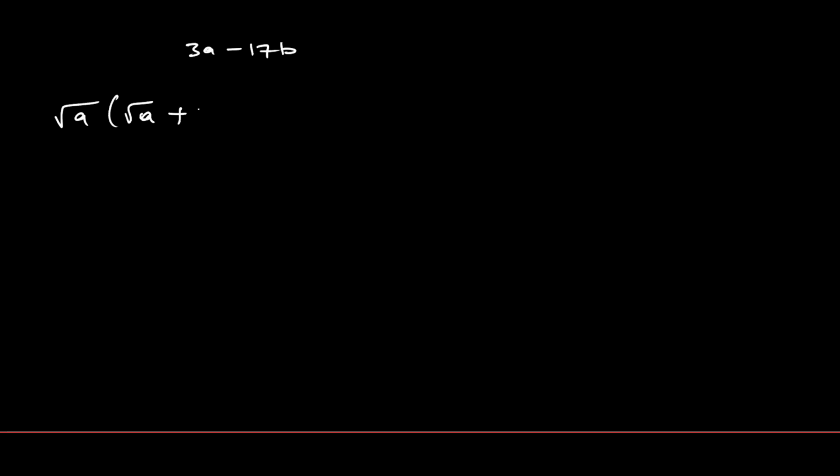If we look at this original equation, we would see that a would actually have to be the bigger term, seeing that root b is being multiplied by 5 root b here and 3 root b. So a would definitely have to be the bigger term.